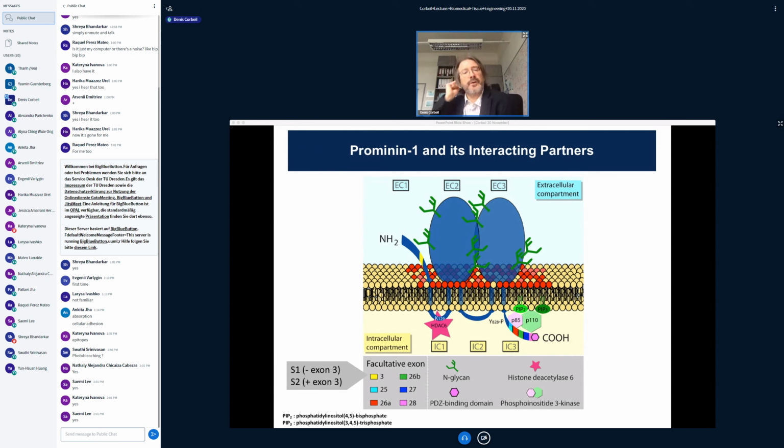Normally, with signal transduction, we are thinking about a receptor. You have a ligand binding to the receptor, and then the receptor will start a cascade of events to the cytoplasm. So far, no natural ligand has been found for this protein.